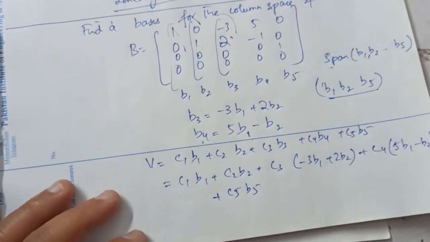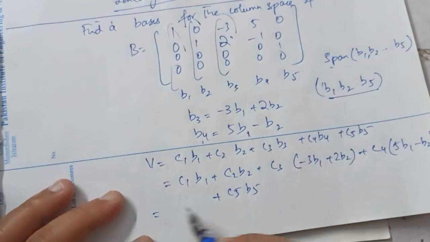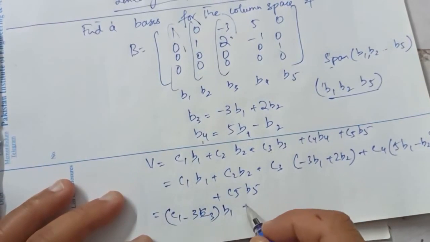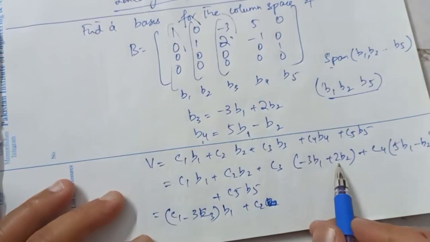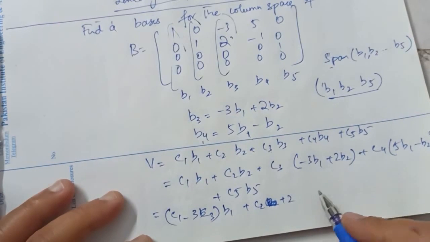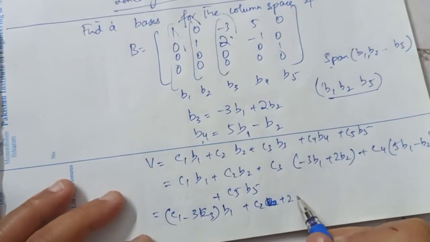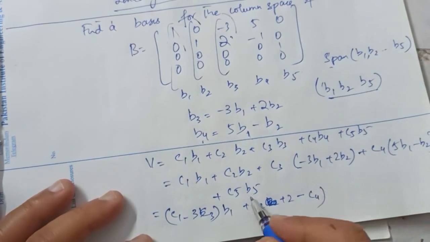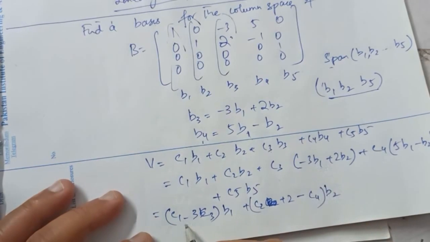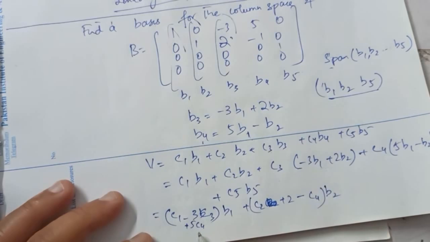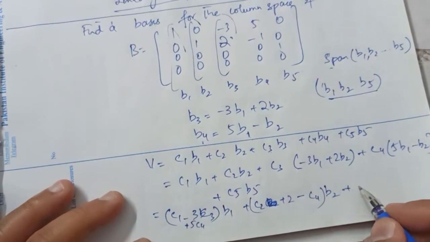If I tweak it a little bit, that becomes (c1 minus 3 times c3) times B1, and (c2 plus 2 times c3) times B2, minus c4 times B2, plus 5 times c4 times B1, and then plus c5 times B5.